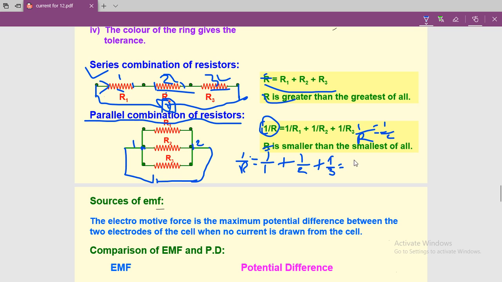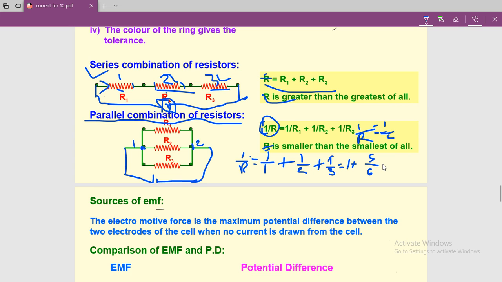Okay, so I hope you can write here. If you solve this question, you can write 1 plus, because this one is 1, you can take LCM here 6, so you can write here 6, and then 3 and 2, that is 5.